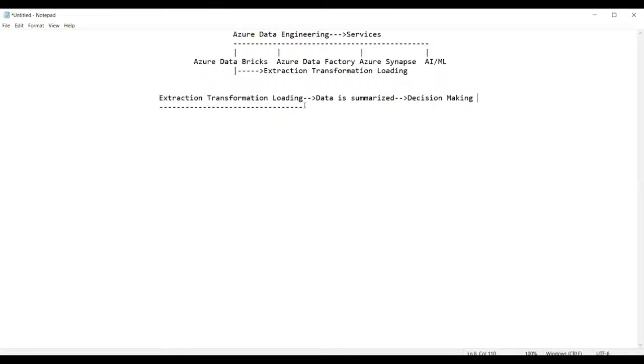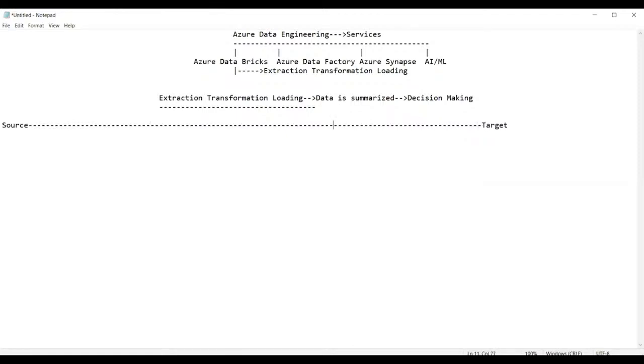This process of extraction, transformation, and loading basically requires the following: a source, and the next one it requires is a target. What is a source and what is a target?